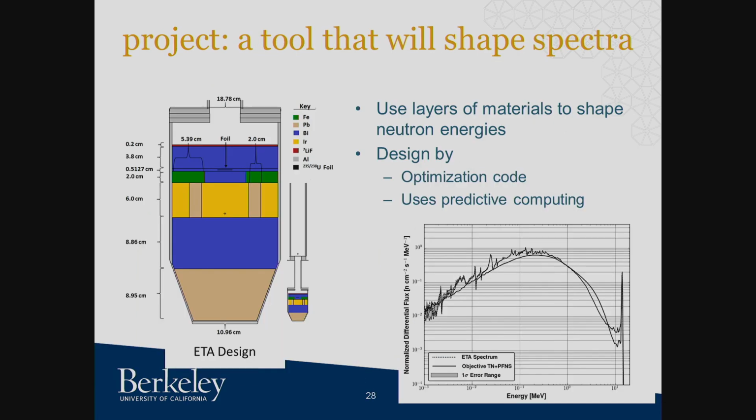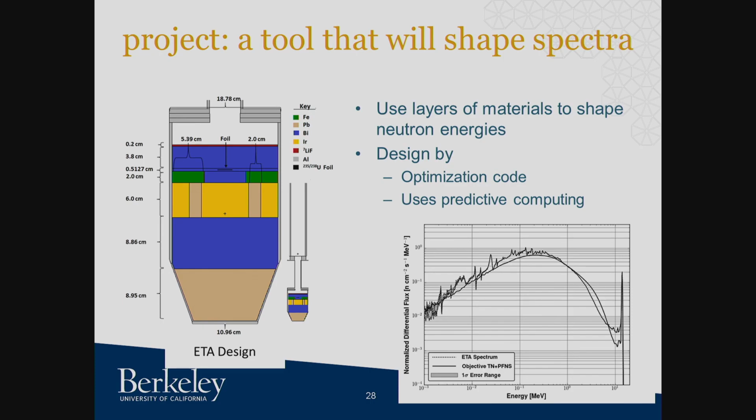So we have a project to try to help make that better. So James is writing an optimization code where you take an incoming neutron source and a spectrum that you want to get out to the end and automatically design what we're calling an energy tuning assembly. So neutrons interact with materials, it changes their energy spectrum.